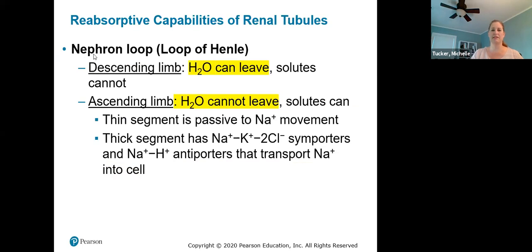Okay, so then once we get to the nephron loop, we're going to go into this in much greater detail on the next lecture. But in the descending limb, water can leave, sodium cannot. In the ascending limb, sodium can leave, water cannot. We'll talk about that more.